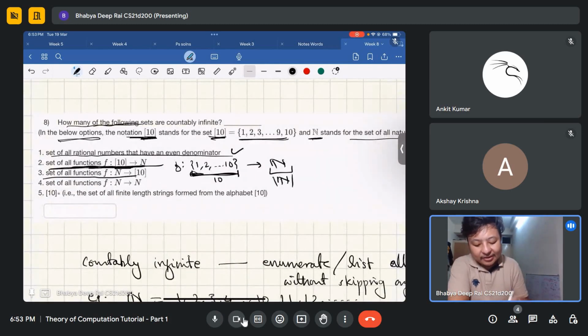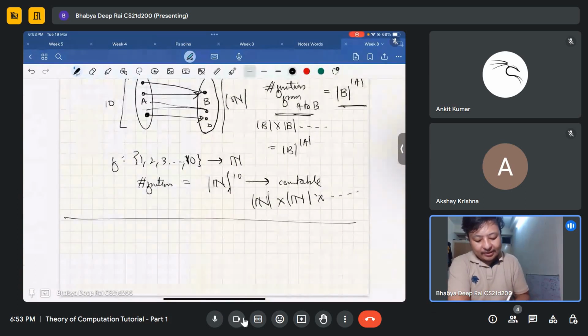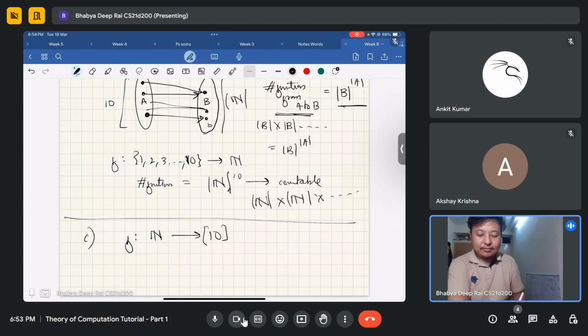A set of all functions that map from a natural number to 10. Okay, so let's look at C. What is the number of functions which map a natural number to 1 to 10?